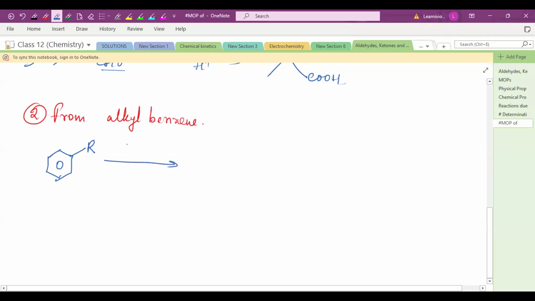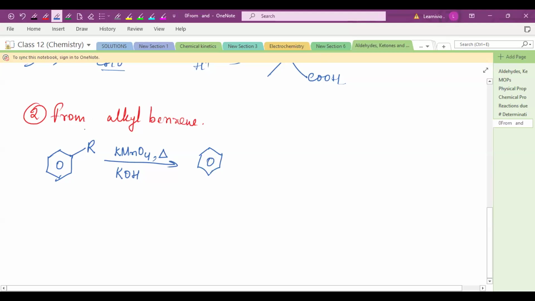So in alkyl benzene, if you add KMnO4, okay, which is a strong oxidizing agent, और आप इसे heat भी कर रहे हो, and if you use alkaline, basically you are using the alkaline KMnO4, means the basic condition में आप KMnO4 use कर रहे हो. So you are adding the potassium hydroxide also. You can also use the sodium hydroxide. So it will form first potassium benzoate.